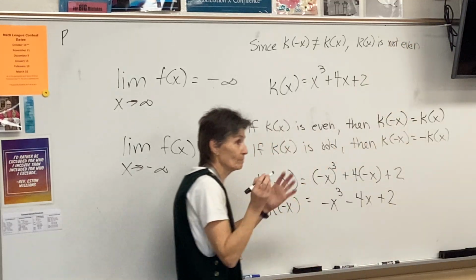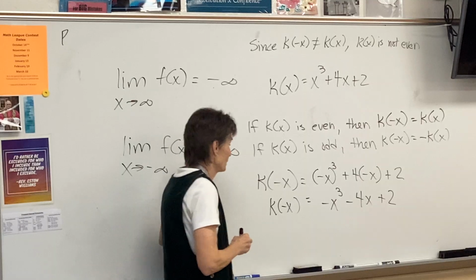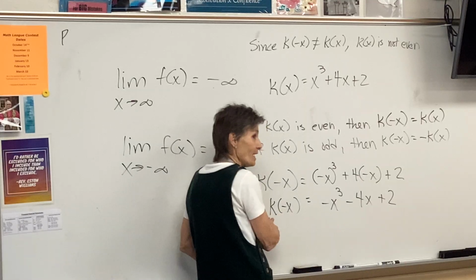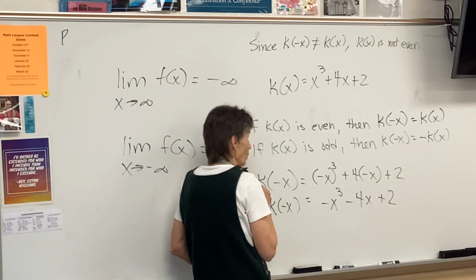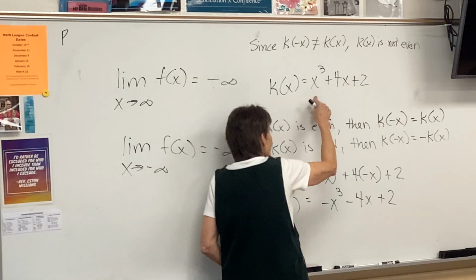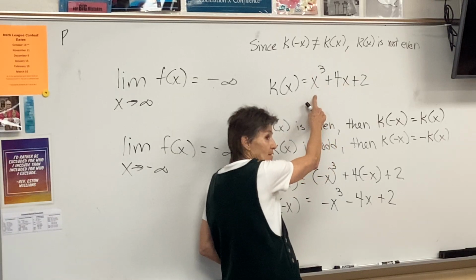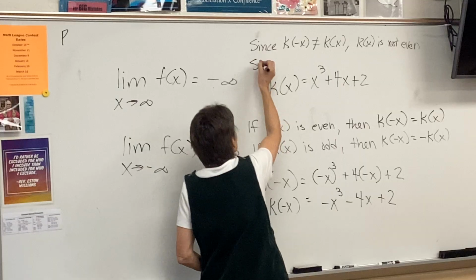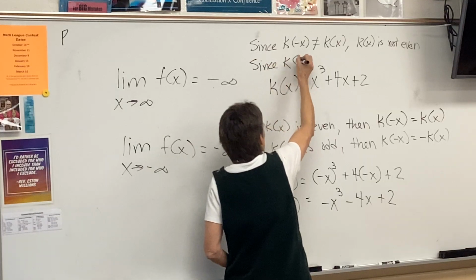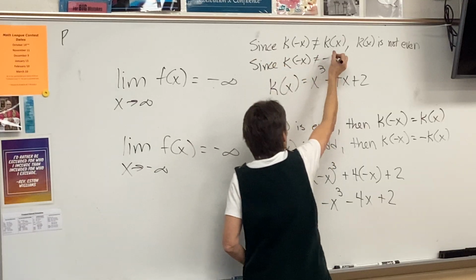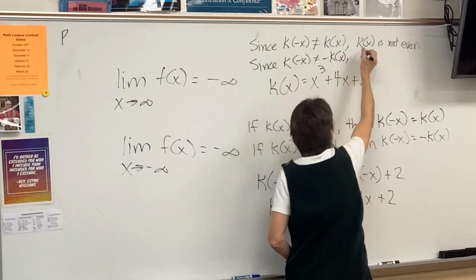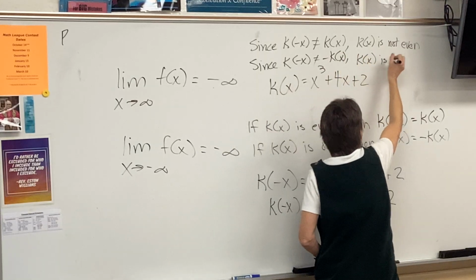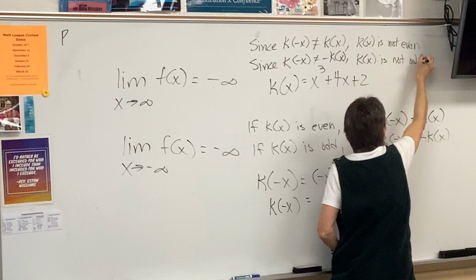Okay, there you go. Now, does k of negative x equal the opposite of k of x? No. Since k of negative x does not equal the opposite of k of x, k is not odd.